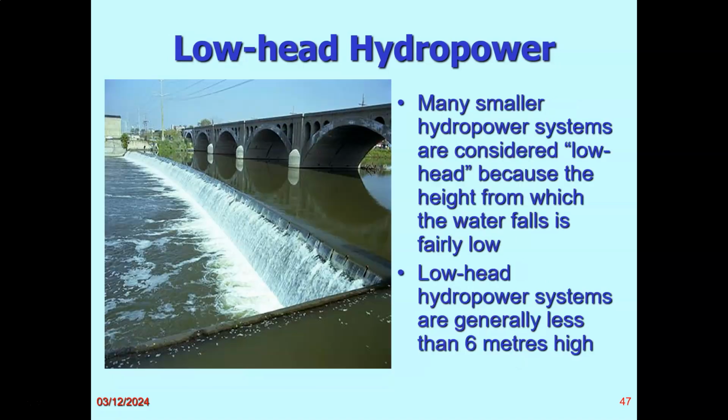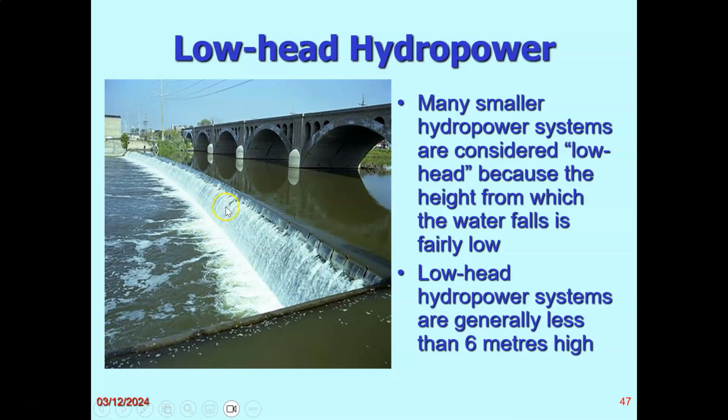And low head, you can see here that it is a smaller installation. It can represent a situation of a river very close to a city, to a town, to a village.